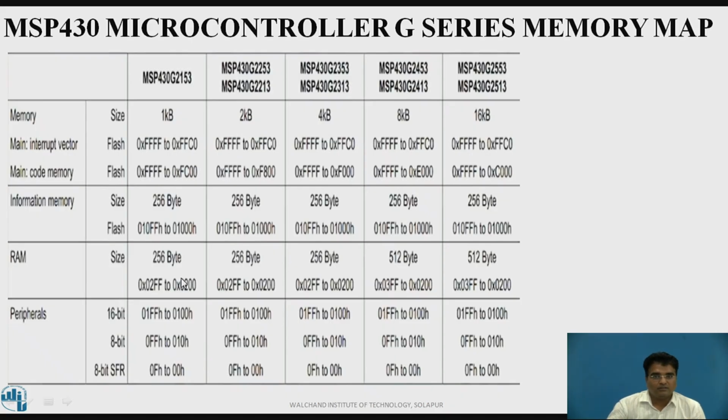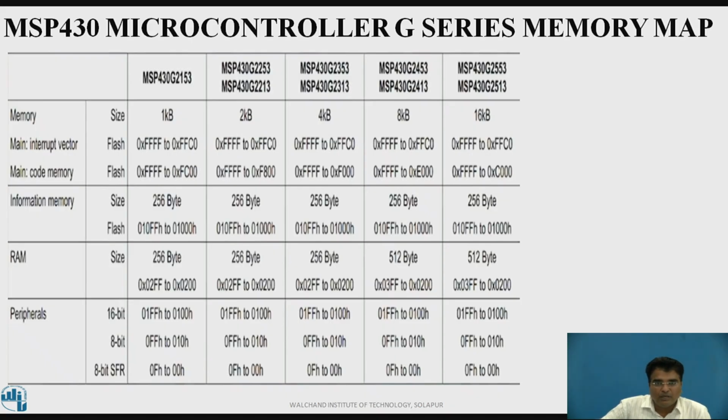This MSP 430 G2553 has a memory size of 16 KB, while the interrupt vector address has the range 0xFFFF to 0xFFC0, while main code memory has the range 0xFFFF to 0xC000. Then information memory for the MSP 430 G2553 has a size of 256 bytes, with a flash range of 010FFh to 01000h.